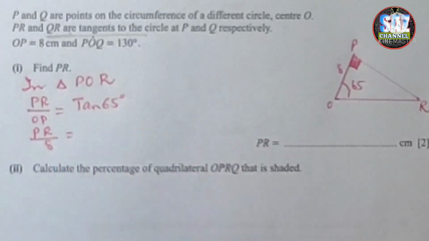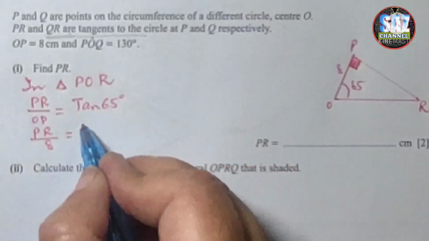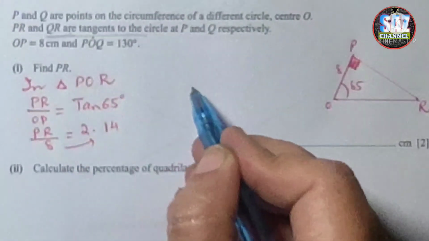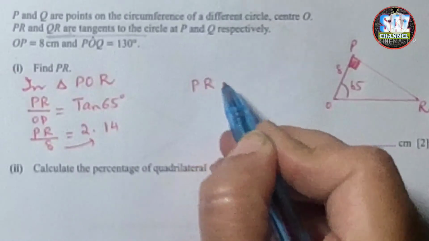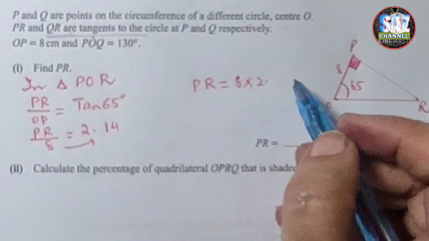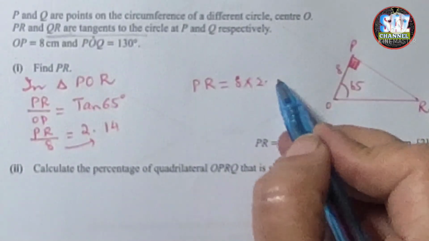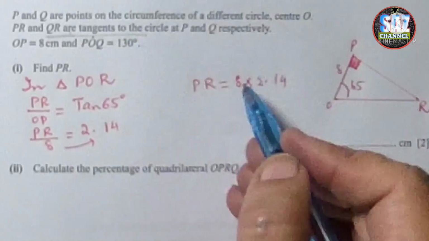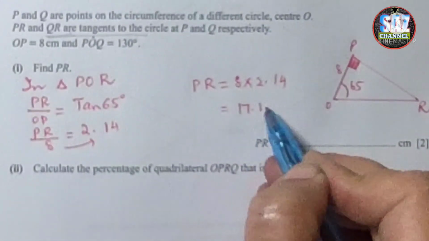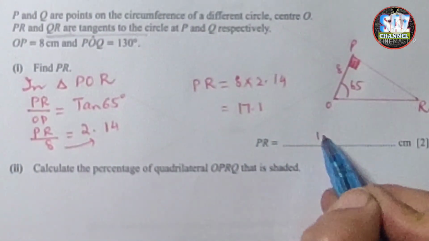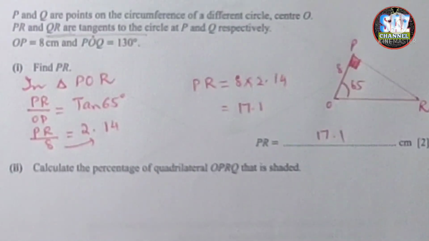This is 8, and tangent 65 is 2.14. I take 8 to the other side, PR equals 8 multiplied by 2.14, and this gives me 17.12, or 17.1. So PR is 17.12, or 17.1 centimeter.